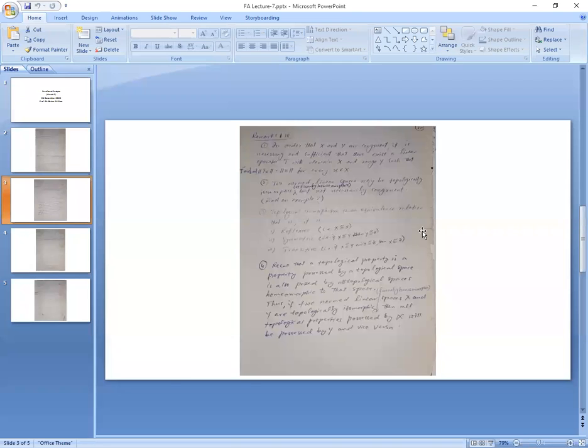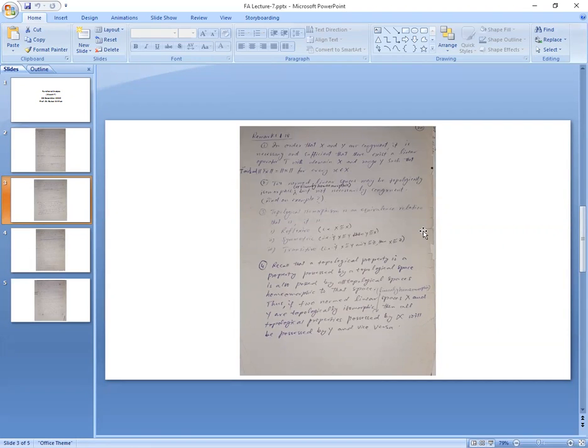So X and Y are said to be congruent if and only if, the necessary and sufficient condition is that there exists a linear operator T with domain X and range Y such that T inverse exists and norm of Tx is equal to norm of x for every x in X. This is the necessary and sufficient condition for two spaces to be congruent.